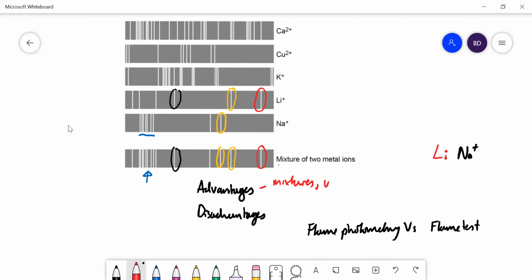You can deal with a very small sample size. You hardly need any. But the disadvantage, I suppose, is that it requires expensive equipment. That is the main disadvantage. Whereas for a flame test, you don't really need anything. And I suppose also you need more skill in running a flame photometry test.